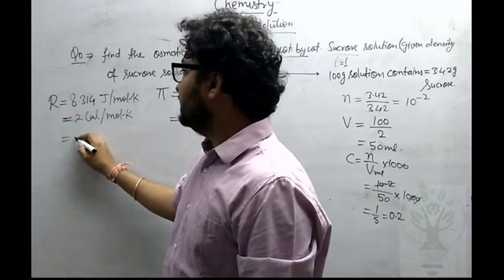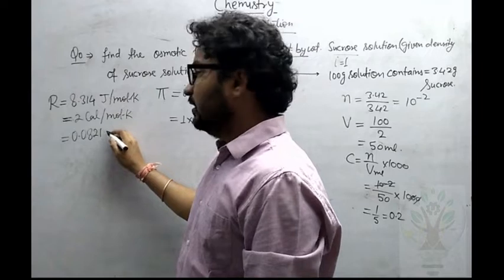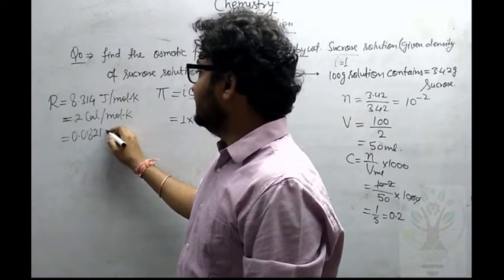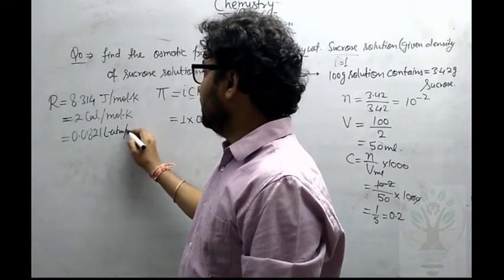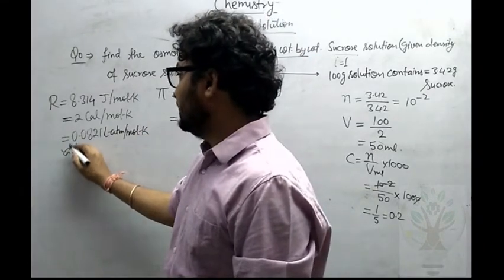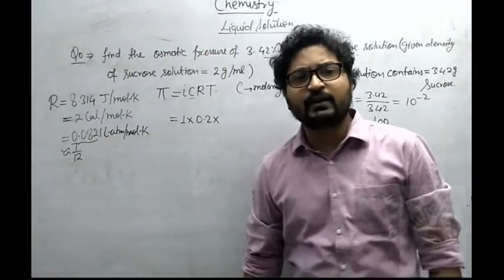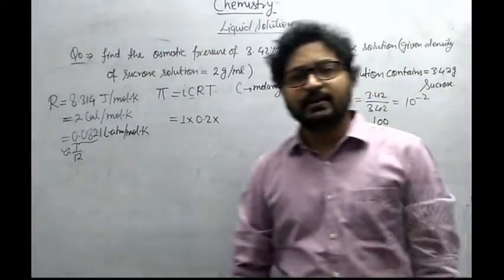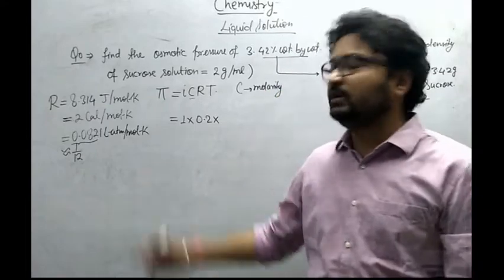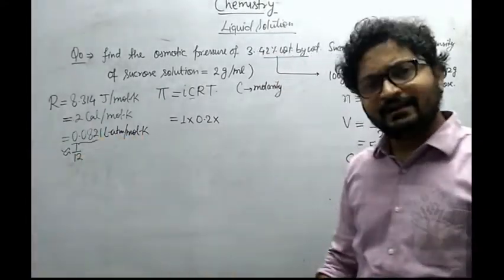And one more is 0.0821 liter atm per mole Kelvin, which is approximately 1 by 12. You can write this value as 1 by 12 for calculation purposes, because 1 by 12 is nothing but 0.083. So approximately I can take it as 1 by 12.